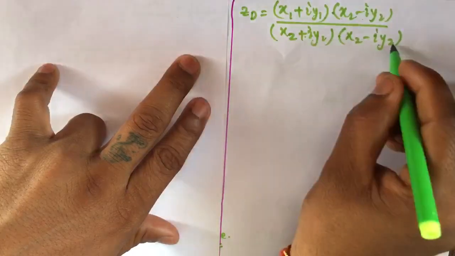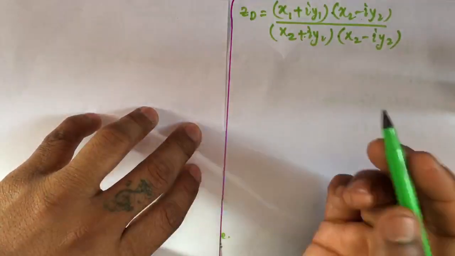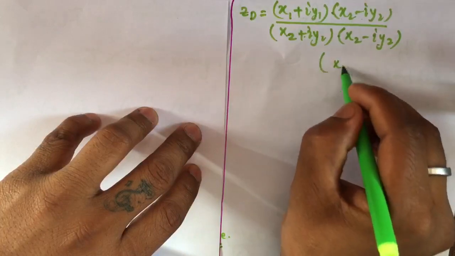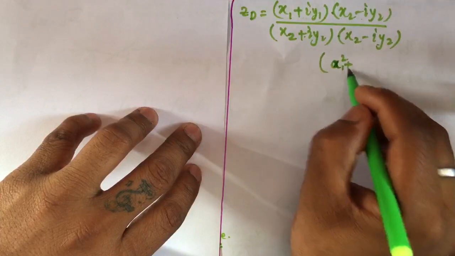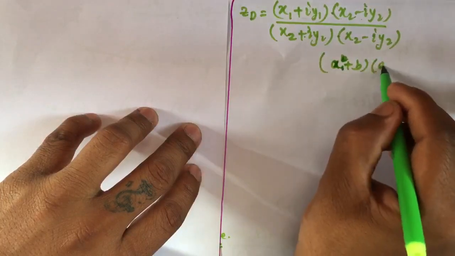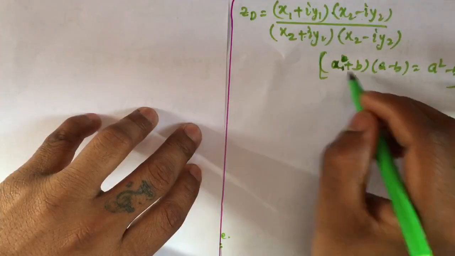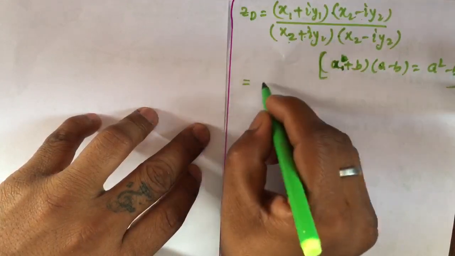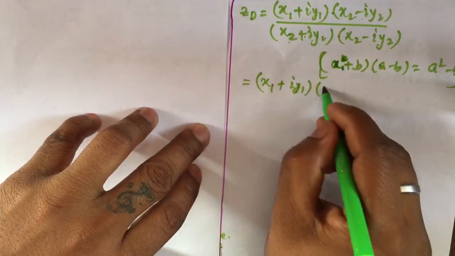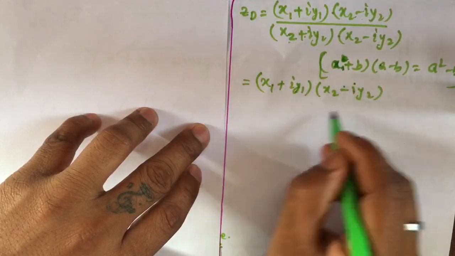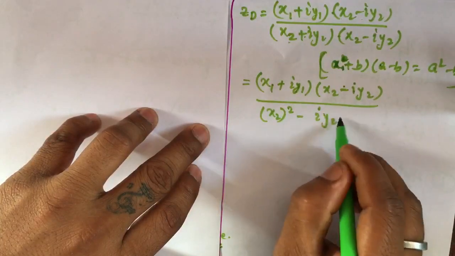In the denominator there is the format of a plus b into a minus b, so it will become a square minus b square. So leaving the numerator the same, x1 plus iy1 into x2 minus iy2, by x2 square minus of iy2 square.